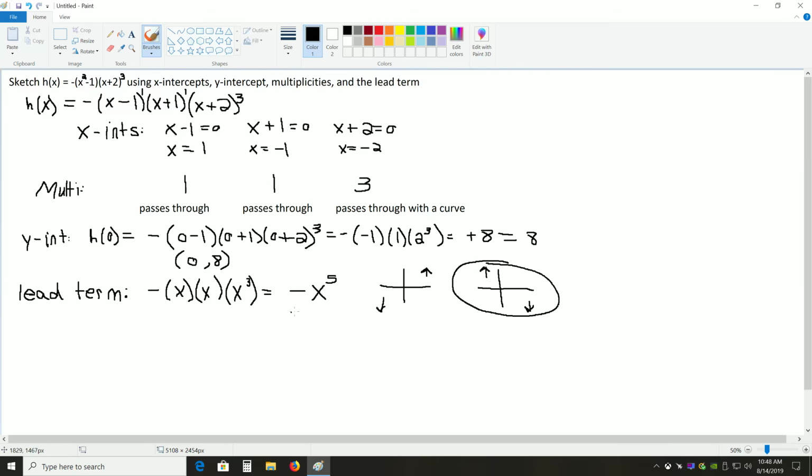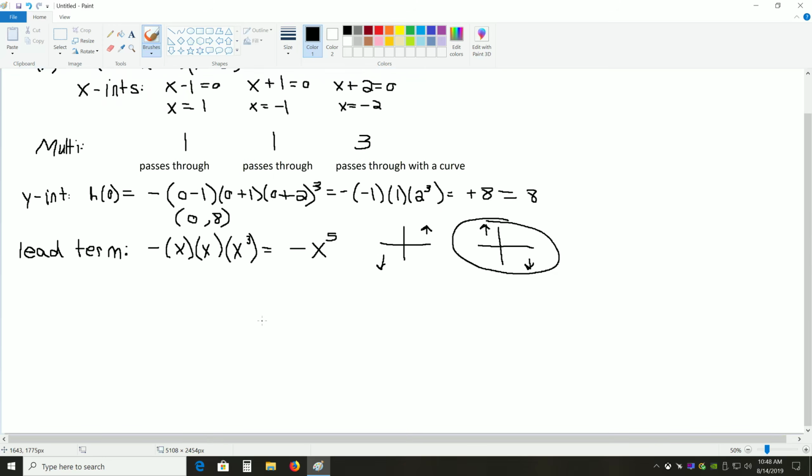Okay, so with all of this, we can finally graph. So we'll start by making our sketch by putting down the x-intercepts first.